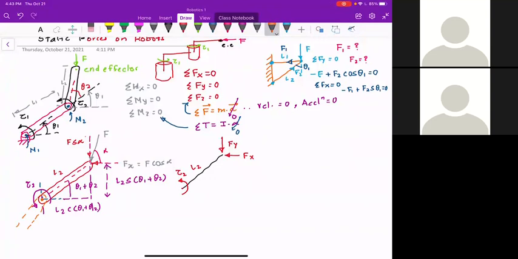But as soon as I free the joint, these internal forces come into the picture. These are called the reaction forces. So you have Fx and Fy. Please note, these forces are internal forces.